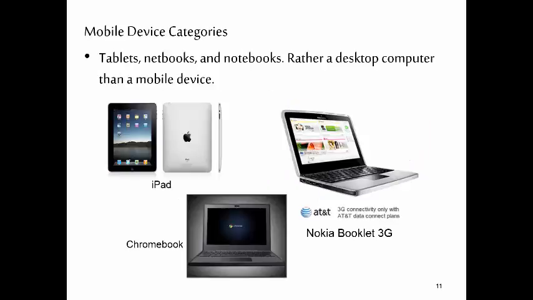The next category belongs to devices that have a bigger screen and use browsers that are also used in the mobile web, such as Chrome or Safari. We have the example of the Chromebook or the iPad. These devices are very portable.